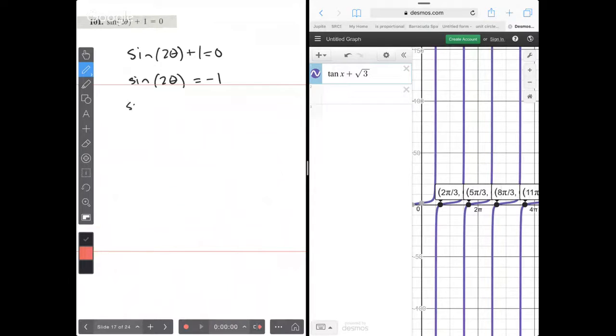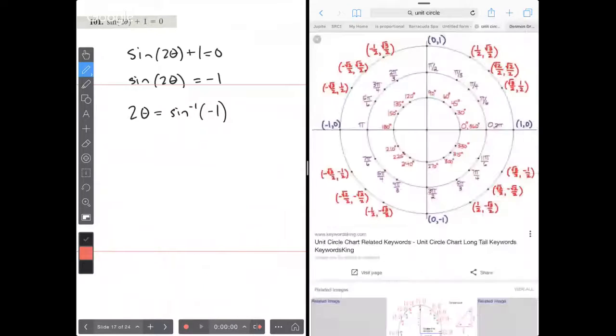So I want the inverse sine, then 2 theta equals inverse sine of negative 1. I'm going to go back to my unit circle and say, when is sine going to equal negative 1? Well, that's only going to happen at, let's see, 3 pi over 2. So theta equals 3 pi over 4.